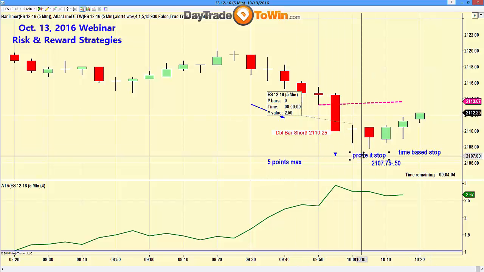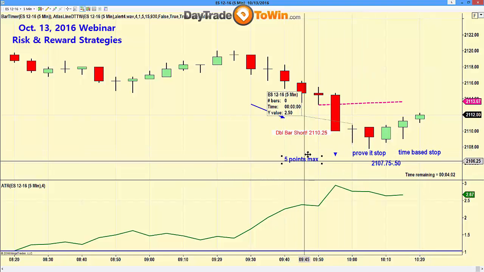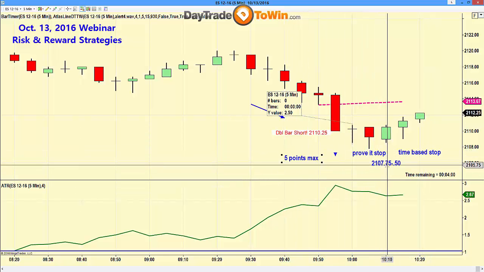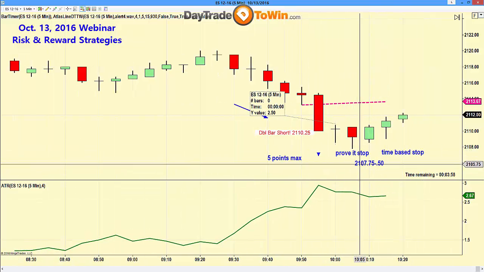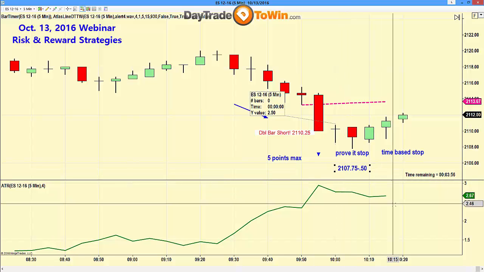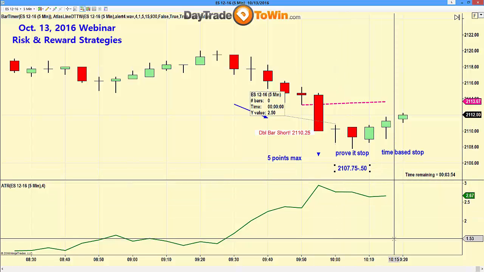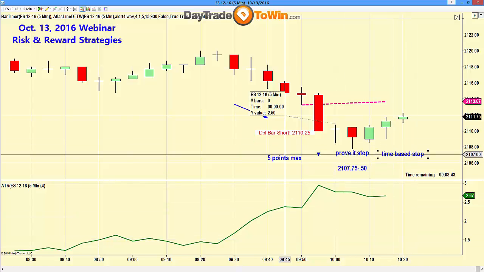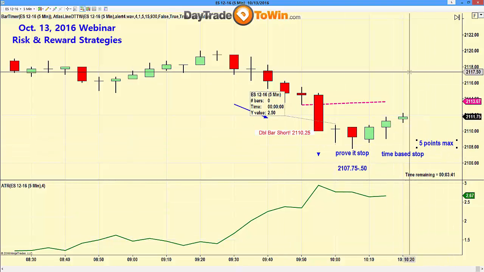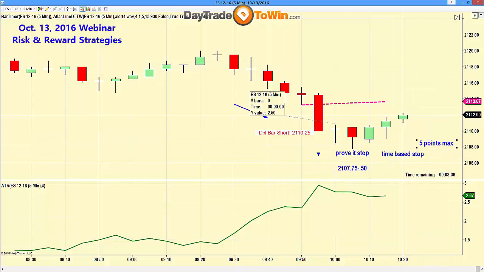Your prove-it stop could be a small loss. This doesn't happen quite that often, and you're even forgetting that the target is made a high percentage of the time to begin with. So it's not as easy as saying I have one number for a stop and I have one number for a target. You have these other circumstances that take shape when calculating those values of win-loss over time.